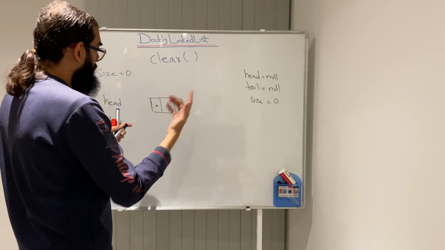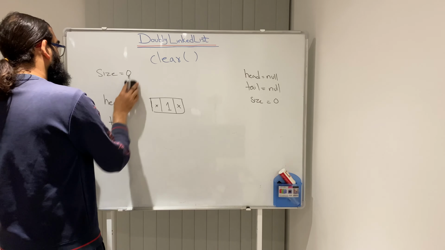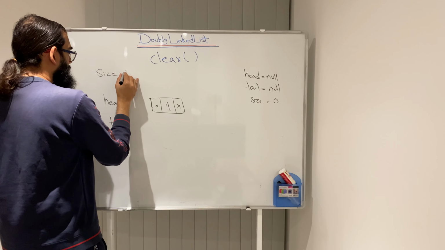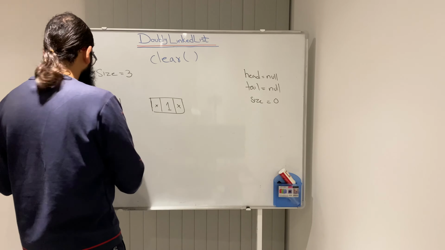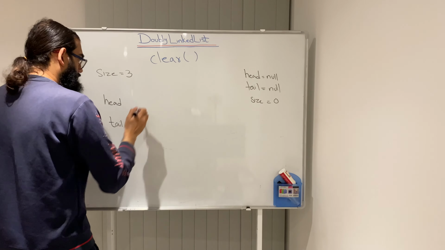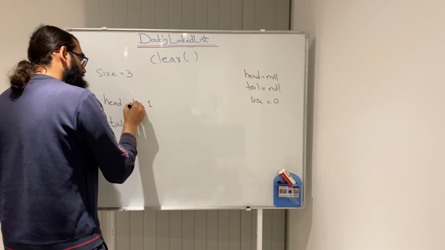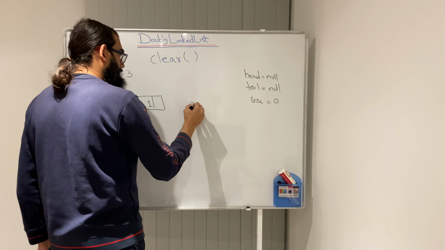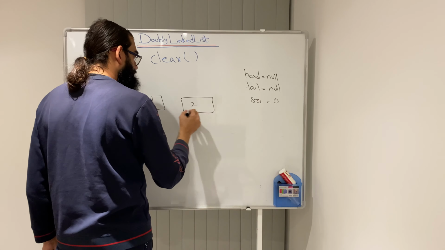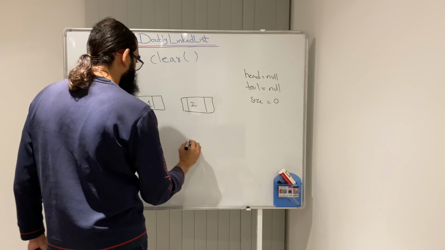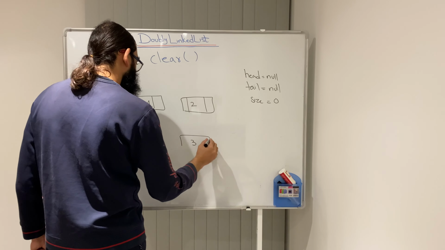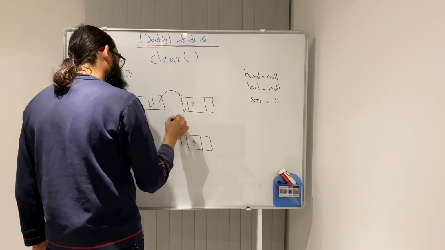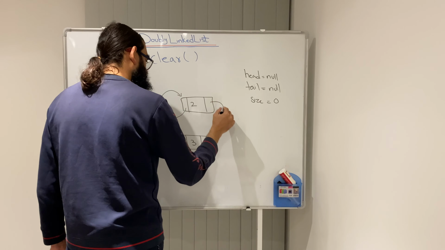So when we have only one node, but once, for example, I have two nodes or three nodes, 2 and 3 are all same, but I can write 3, so it will be easier. So I have first node, then I have second node, and then I have third node.